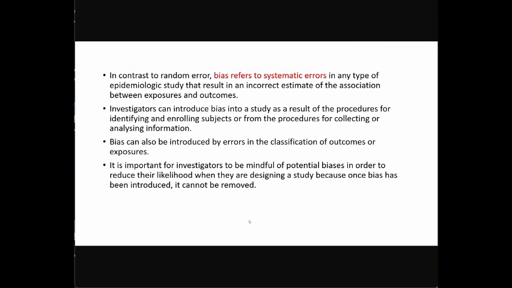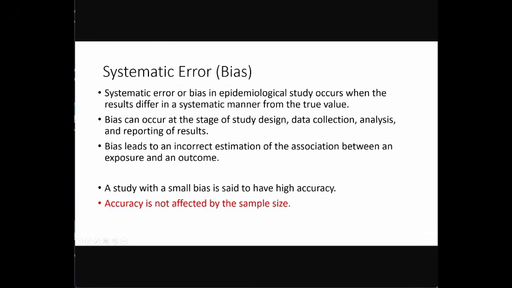So yours is to make sure there is no bias by making sure your study is accurate. A study with a small bias is said to have high accuracy. Accuracy is not affected by sample size.